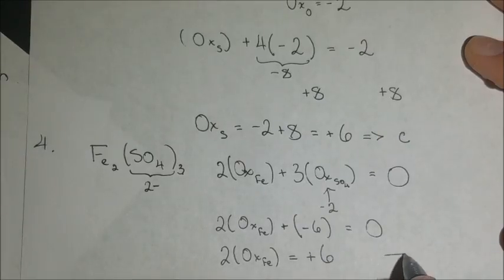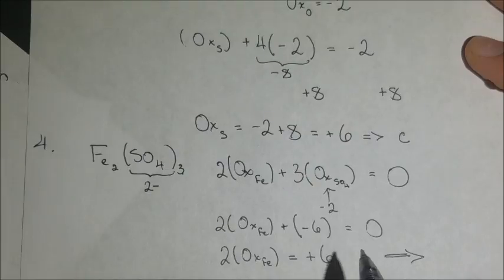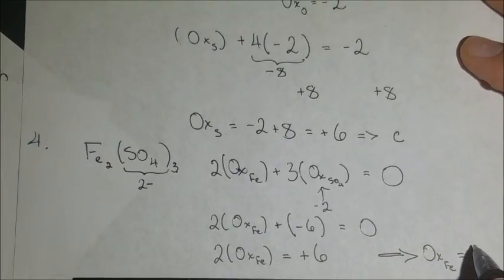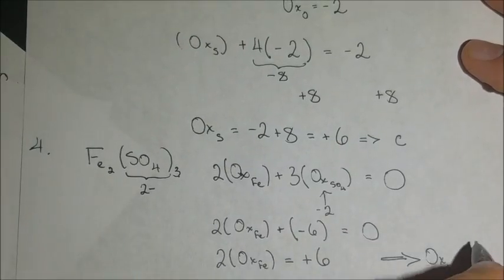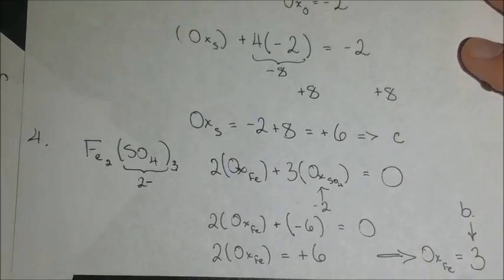Then just dividing both sides by 2 tells us that the oxidation number on each iron is 3. So looking back at number 4, that means B is the correct answer for number 4.